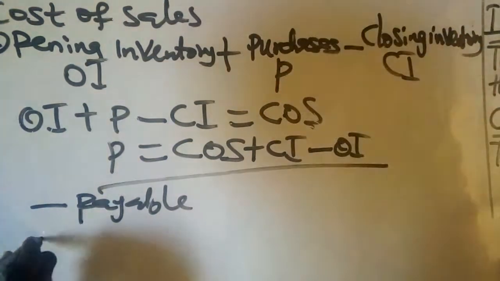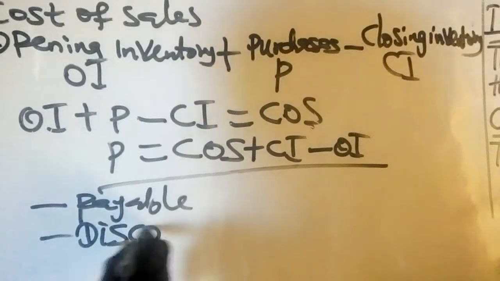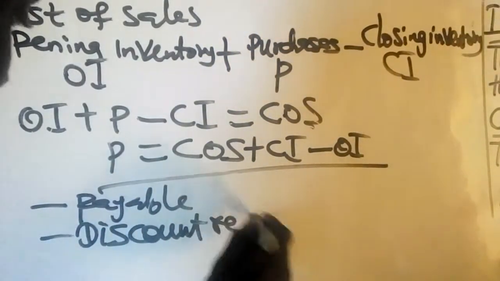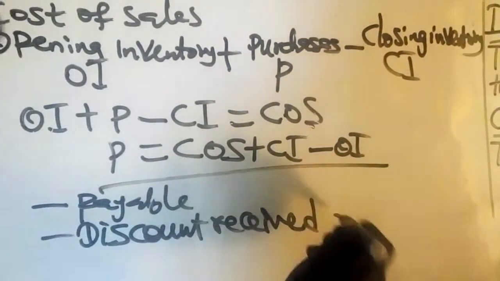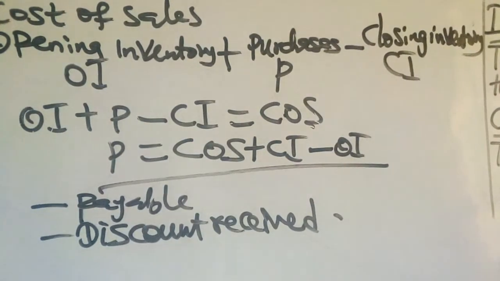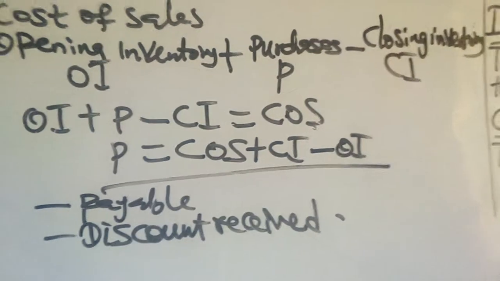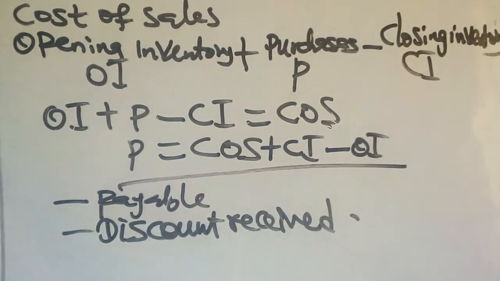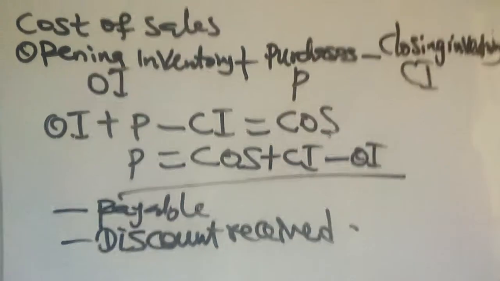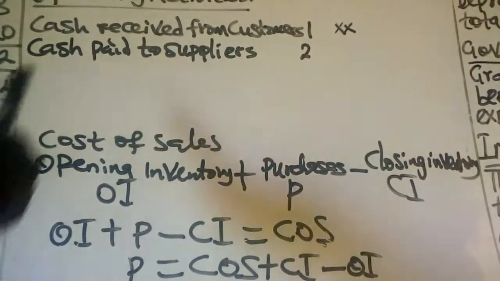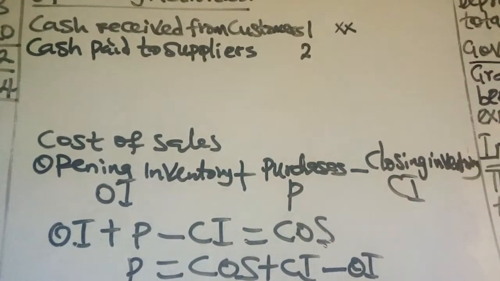Then you might have discount received, and if this is in the question, you'll be given it by way of note to the financial statement. Now, you want to use these items to arrive at your cash paid to suppliers.